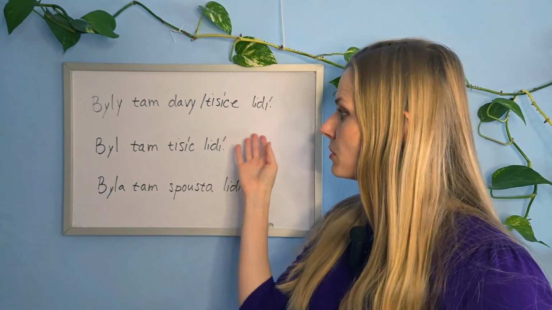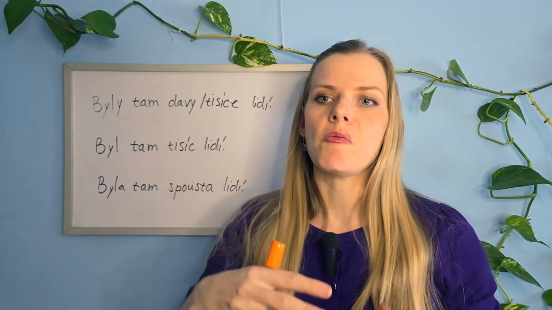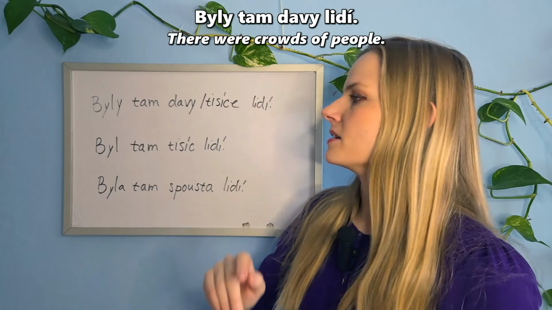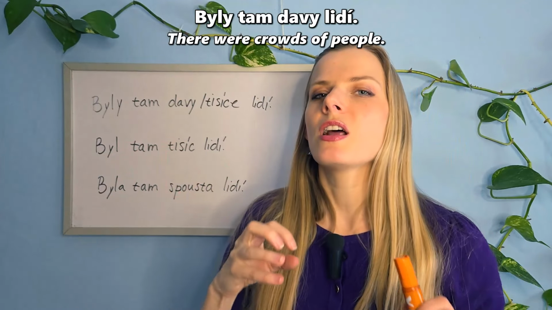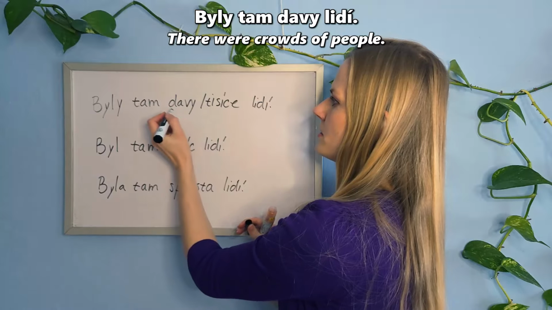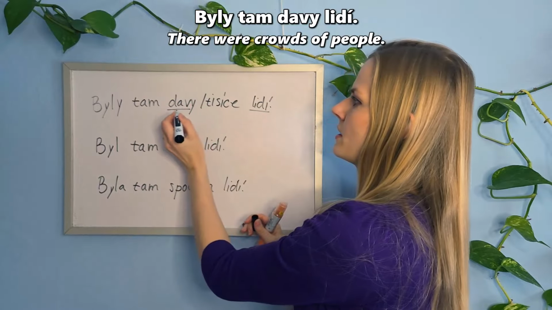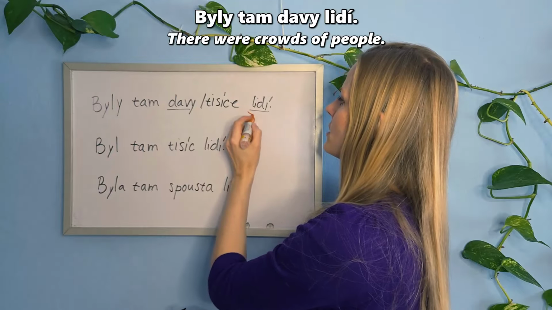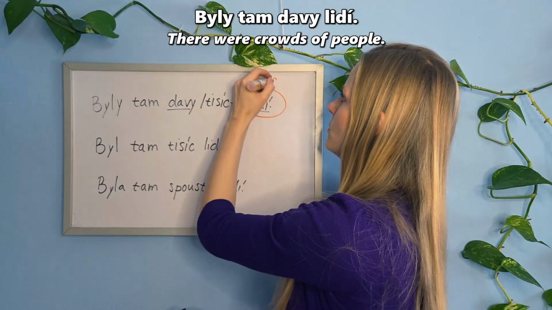We have people again, and then we're going to say how many people there were. Byly tam davy lidí. Crowds of people. This is the subject. Lidí is also in the genitive case, genitive plural.